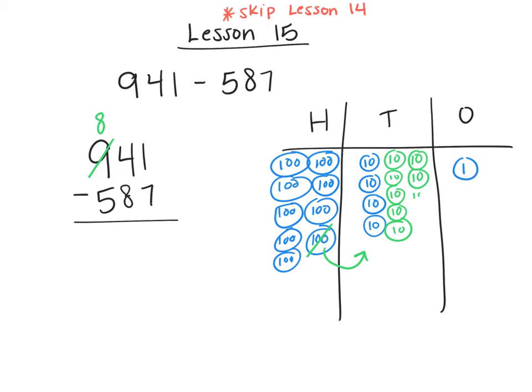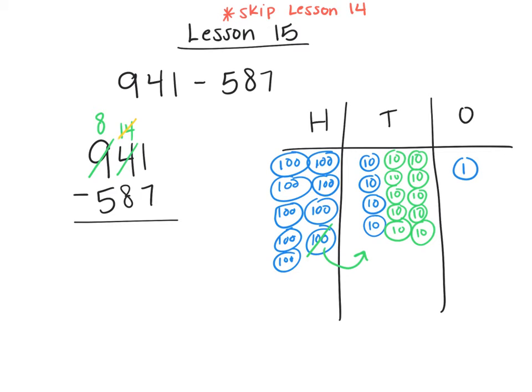Okay, so now if I look at my tens place, I have 10, 11, 12, 13, 14. So this became 14. Okay, but then again, we have to borrow one of these tens and move it over into the ones place.